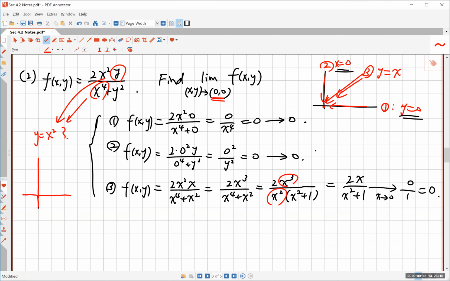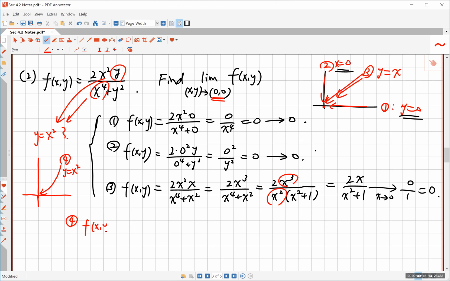Let's say now I want to create path number 4, which comes to the origin along the parabola y is equal to x squared. Now again, x is approaching 0, so y is approaching 0, but neither of them is exactly equal to 0.